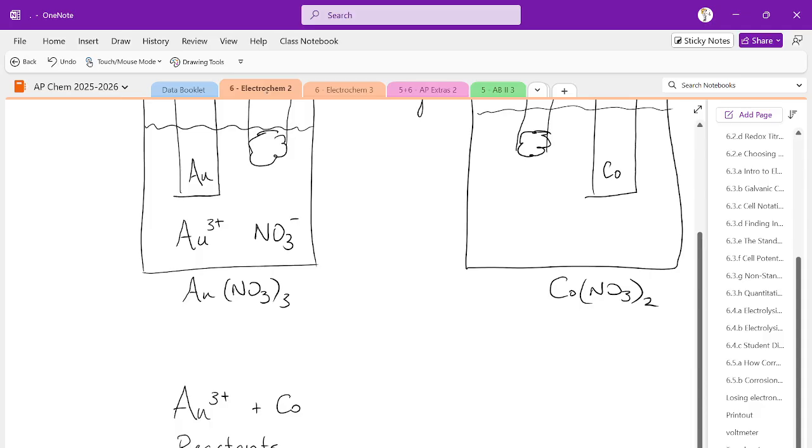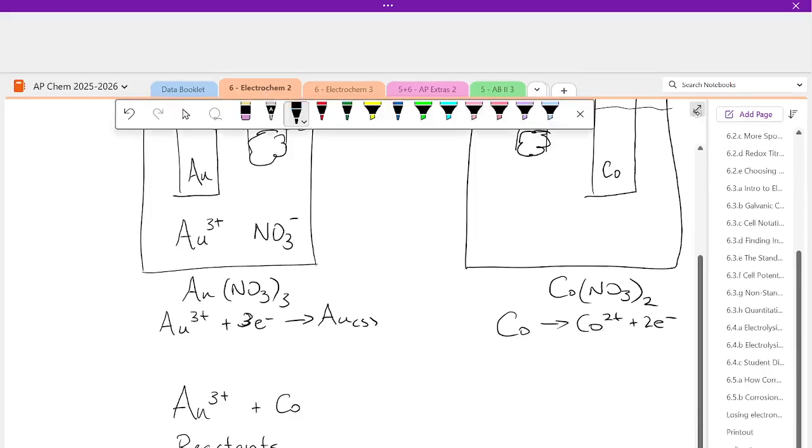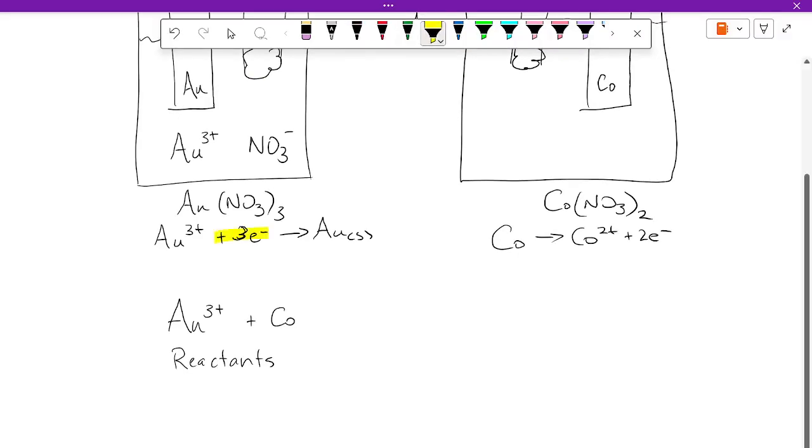In the gold half cell, the Au3+ is the reactant, reacting with 3 electrons to give us gold. And in the cobalt half cell, this one is gaining electrons, and this one is losing electrons.